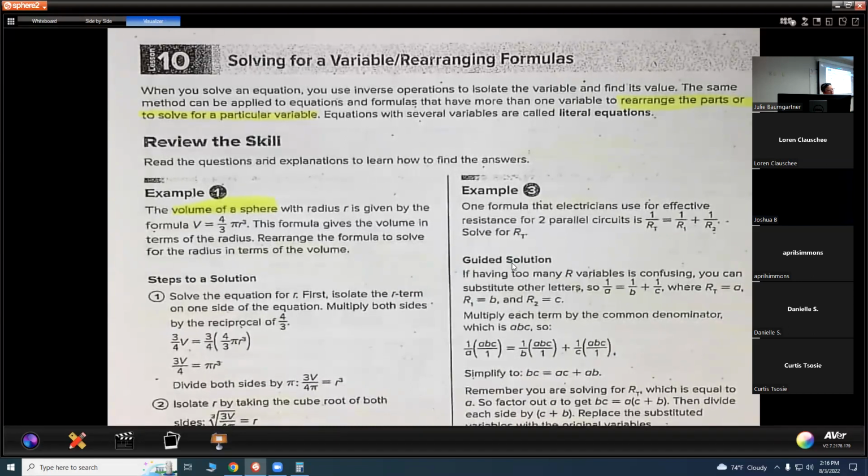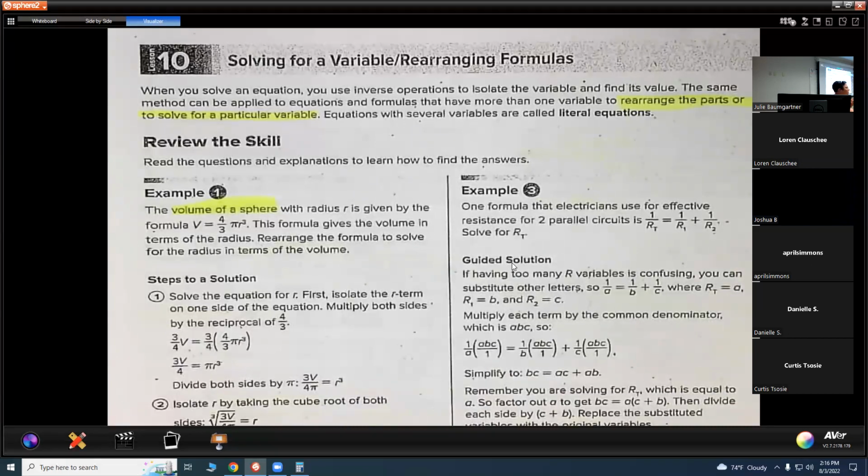So volume is really just a measurement of the space the three-dimensional shape is occupying. When you think about a measuring cup, you're using that to get a certain volume of liquid ingredients. So volume is a measure of three-dimensional shapes.